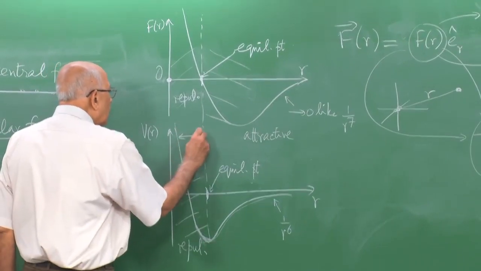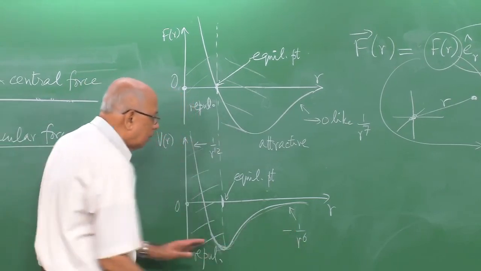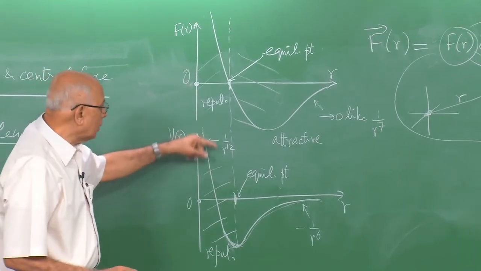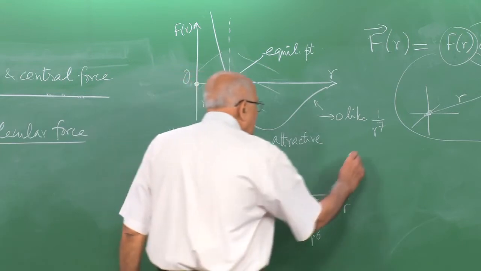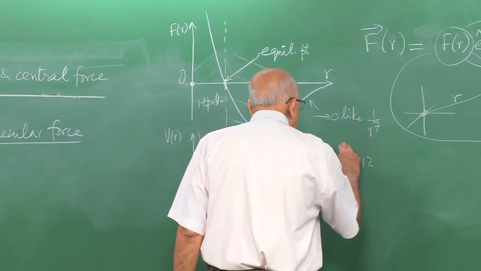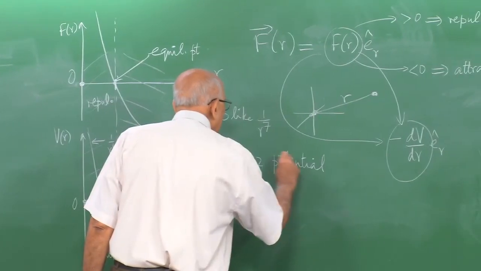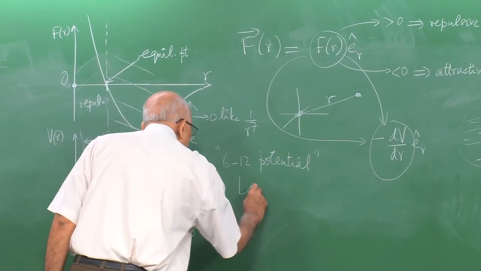Typically this would go like 1 over r to the power 12 with a plus sign, and that with a minus sign because it's from below, and this is tending towards plus infinity with a 1 over r to the 12. So this kind of potential is often called a 6-12 potential. It's also called the Lennard-Jones potential.